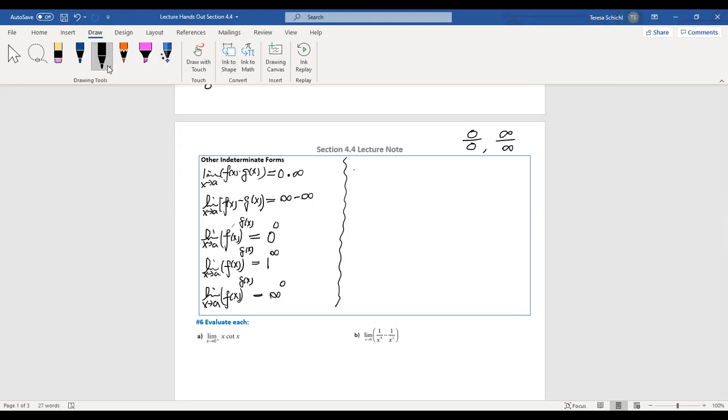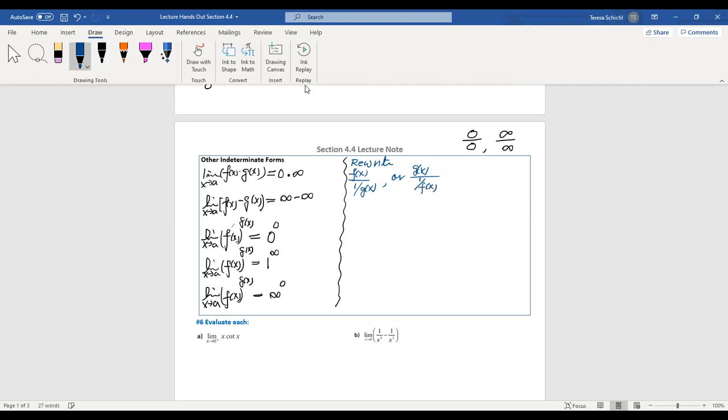Now how about if I have 0 times infinity? If you have 0 times infinity, f of x times g of x, we can rewrite it by changing the form. You can say it's f of x over 1 over g of x, or you can rewrite it as g of x over 1 over f of x.